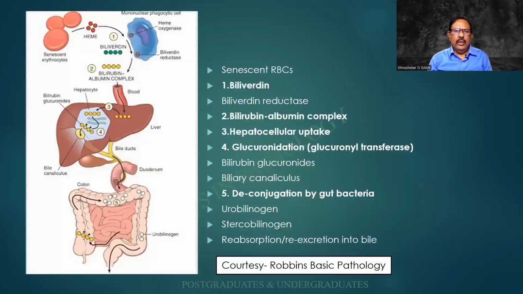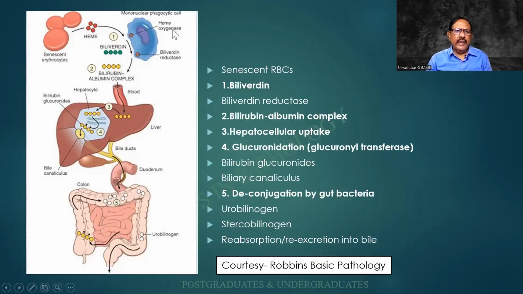This is one of the prototype diagrams that I would like you to kindly practice repeatedly, courtesy Robbins Basic Pathology. You find that there is a senescent or old RBC containing heme, which gets broken down and converted to biliverdin and then to the bilirubin-albumin complex.